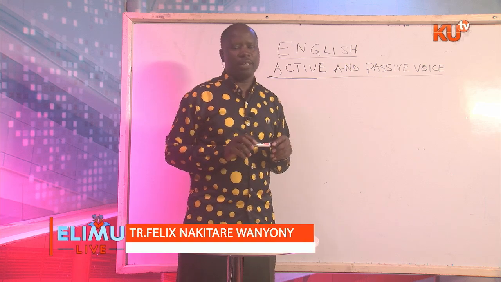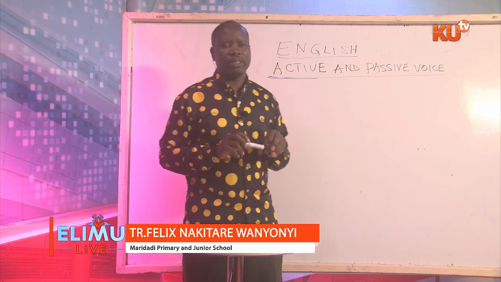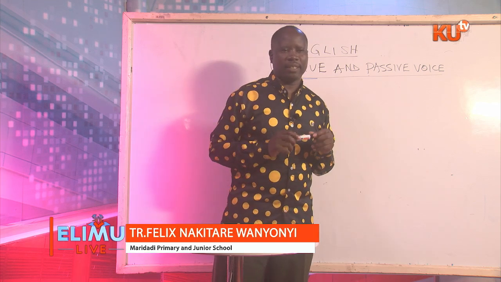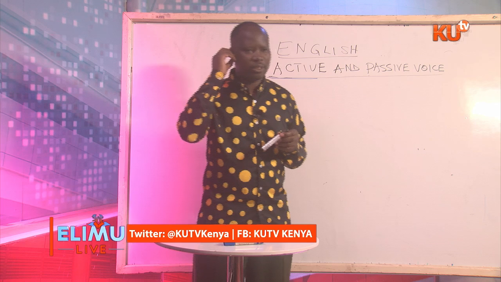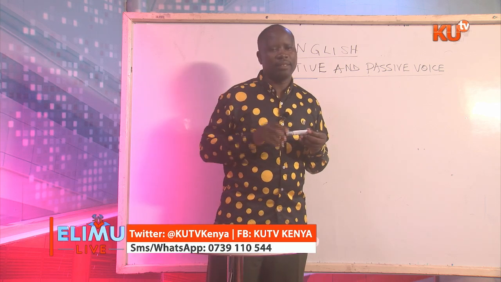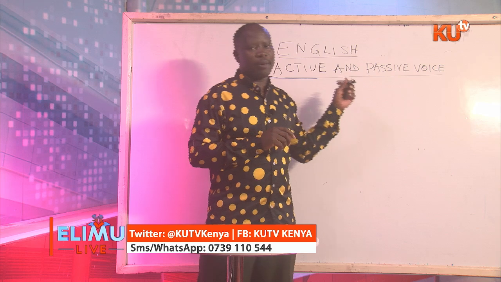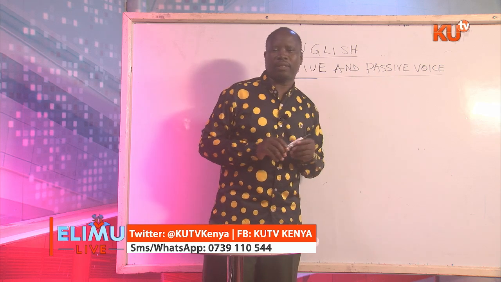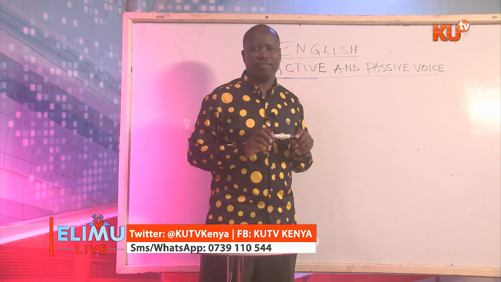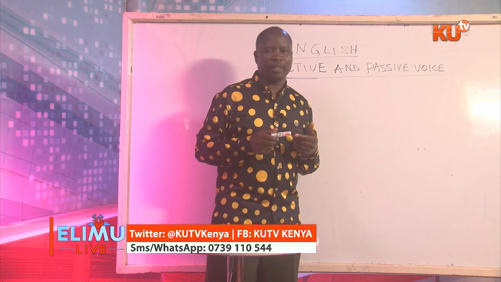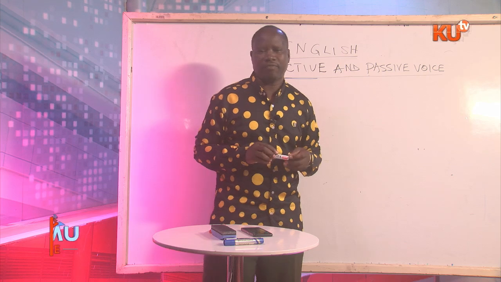We should very well know when somebody asks what is an active sentence, what is a passive sentence. Point number two that I will expect us to know is parts of a sentence that are important to make this sentence of ours to be either passive or active. So what is important that makes a sentence to be called active or passive?